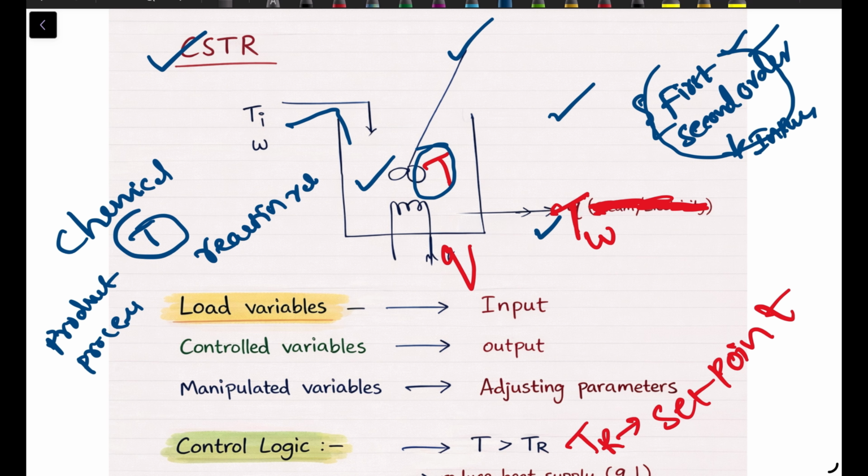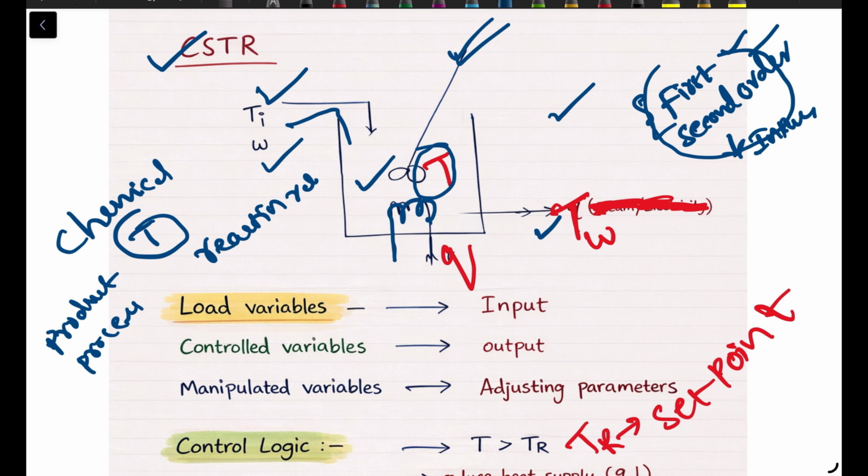Okay, now let us see the diagram. Here you can see a CSTR reactor with a stirrer inside. This is what I already mentioned. The reactants enter the reactor with a certain feed temperature Ti. We also have cooling water flow W to remove the heat from the reactor. At the same time, we can supply heat Q to the reactor using steam or electricity.